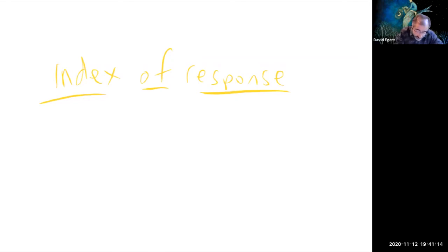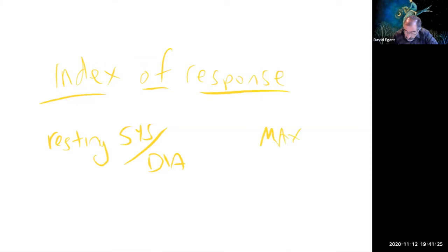So there's resting systolic over diastolic, and we look at what is the maximum difference between resting and pain, for either systolic or diastolic.